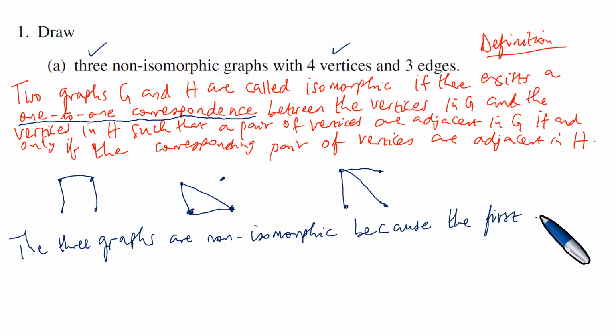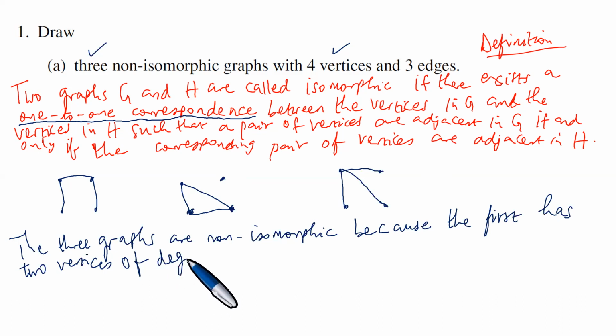Because the first has 2 vertices of degree 1. We have this one vertex of degree 1 and that one of degree 1, because there's one incident edge to each.